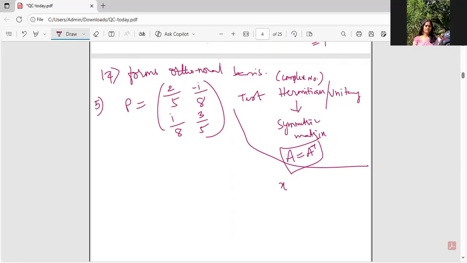To understand what exactly I'm talking about, see, if I have the expression x squared plus 1 equal to 0, the roots are x squared equal to minus 1, x equal to plus or minus i. Whenever there is a plus i, there is a minus i. Whenever there is a minus i, there is a plus i.